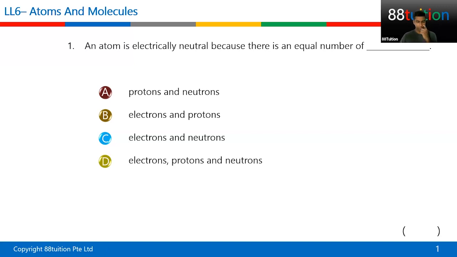All right. So an atom is electrically neutral. It's neutral because all right, there's an equal number of electron, proton, neutron.